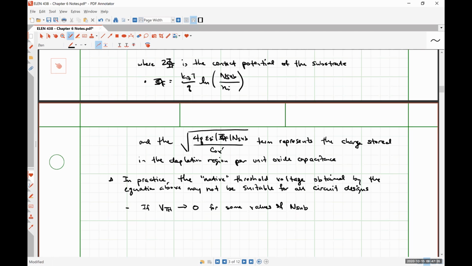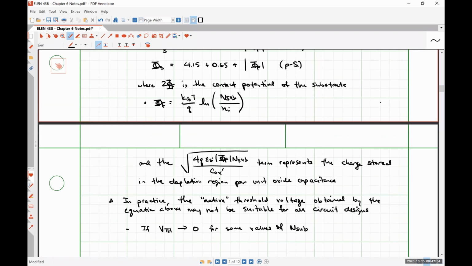What would that mean if our threshold voltage were 0? Wouldn't that mean there's no current flowing? There's no depletion region, there's no current flowing or something like that, right?